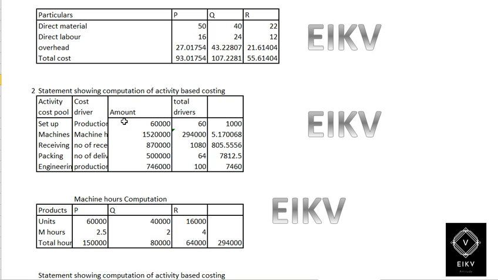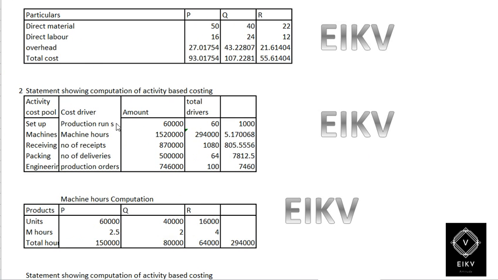So first of all, the cost driver of the setup cost is the production run. The amount is 60,000 and the total driver will be 60. Therefore 60,000 divided by 60 will give you 1000 per unit of cost driver.